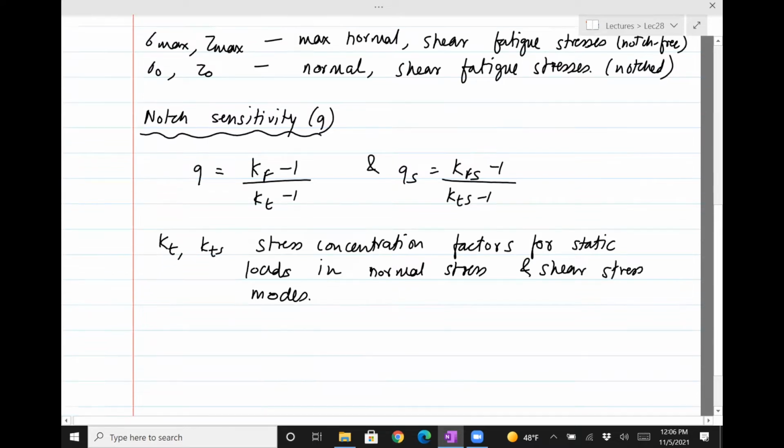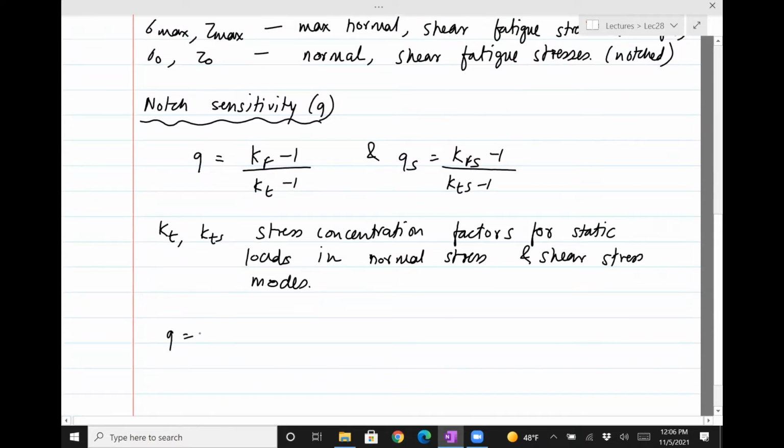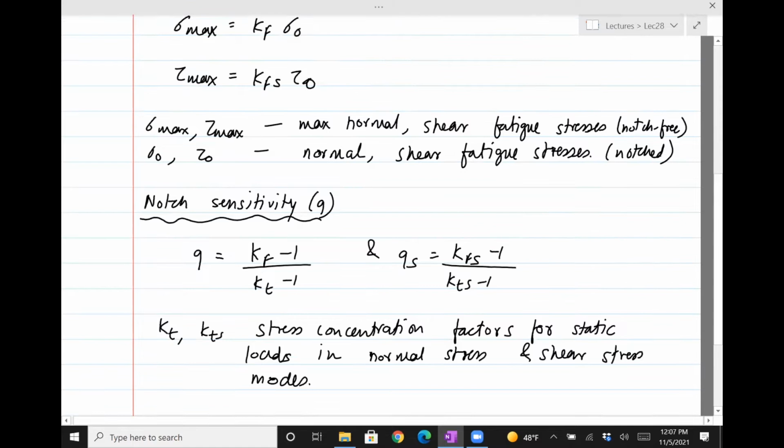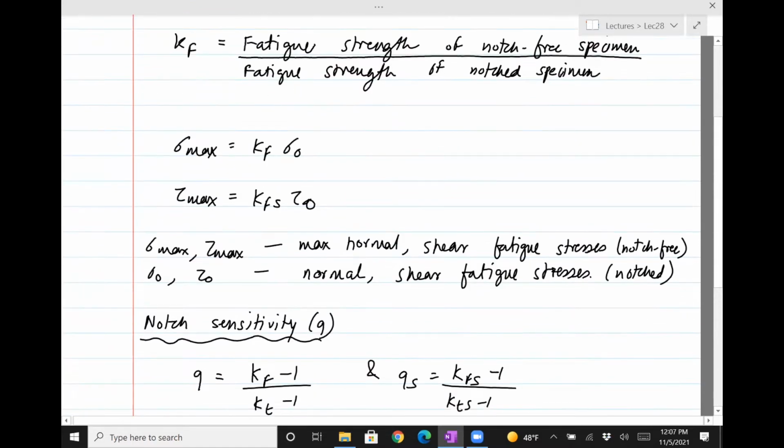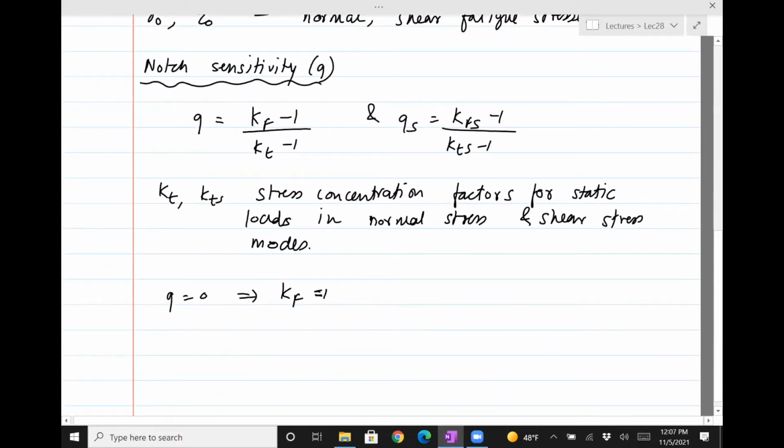Okay, so if you get Q equals 0, so when will Q be equal to 0? It will be when KF equals 1, which is saying that if you look at the definition, the fatigue strength of notch-free specimen equals the fatigue strength of notch specimen, right? So that's when KF equals 1.